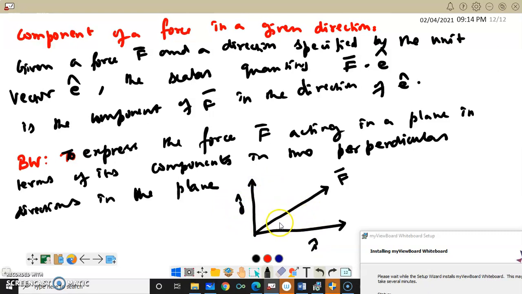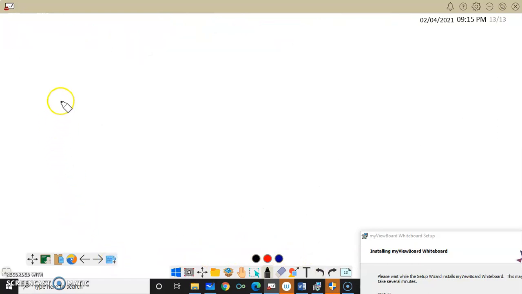The angle between F and the I direction is alpha. The angle between F and the J direction is what? 90 minus alpha, right? So this is what we are going to find: what is the component of force in the I direction, and what is the component of force in the J direction?